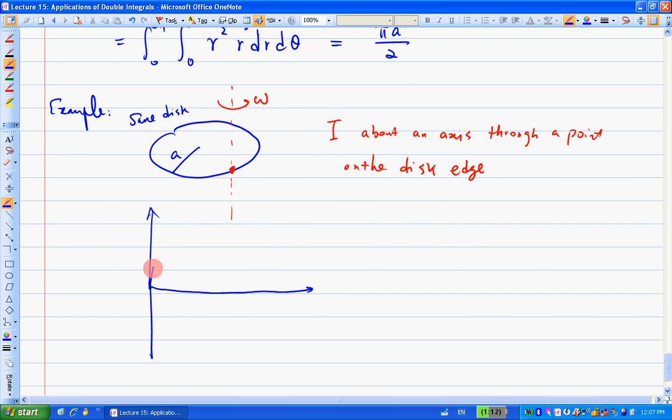Suppose that we're going to place our disk into this coordinate system. Essentially, here's the XY coordinates, and the axis is going through this origin over here.